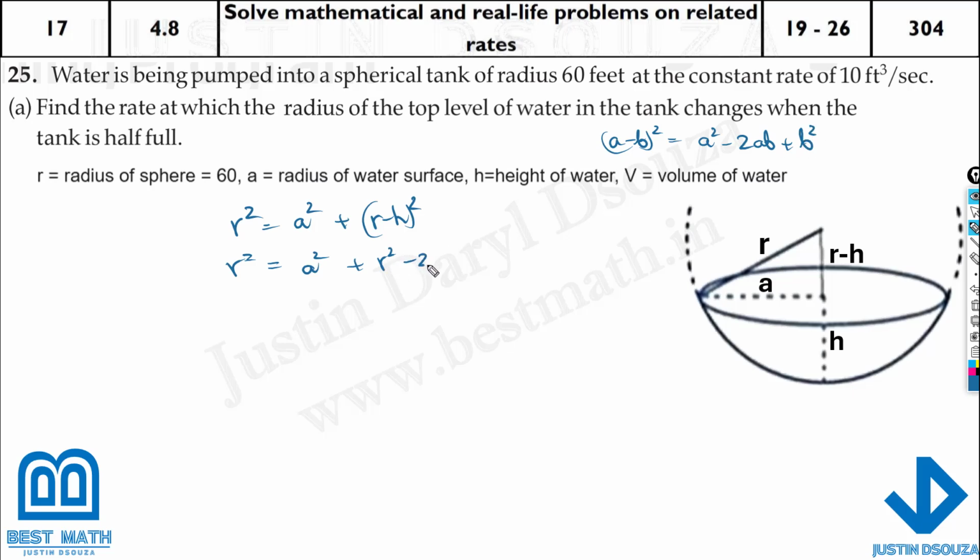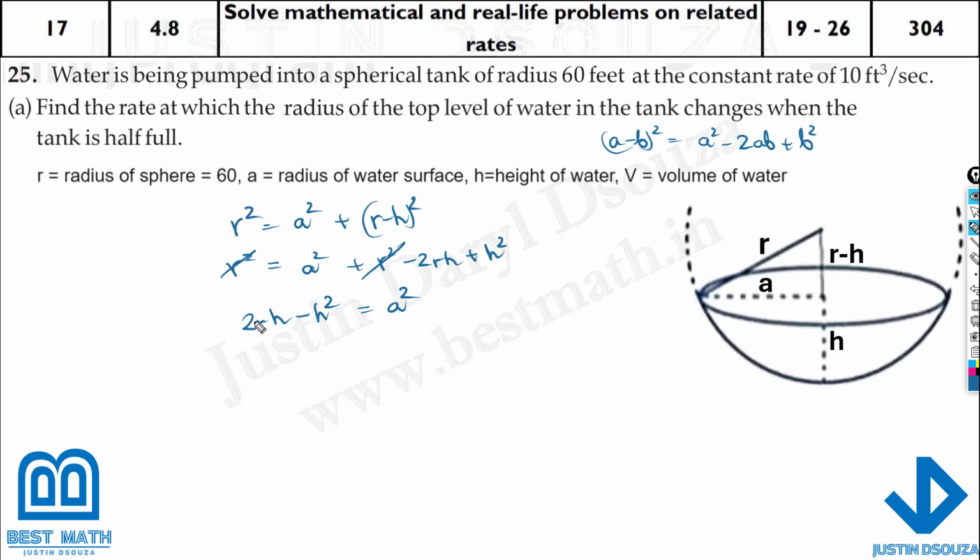So r squared minus 2rh plus h squared. And now apply what is known. But before that, let's simplify. This r squared, when it goes to the other side, becomes minus and cancels off. I will take r and h everything to the other side. So it'll be 2rh minus h squared is equal to a squared. I'm not going to take h to the other side because it's just going to be more complicated.